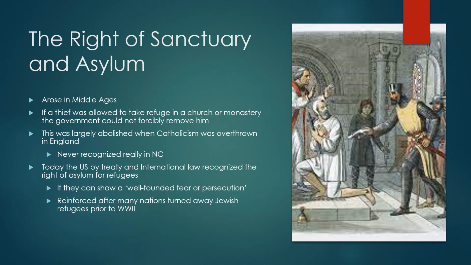And part of this, I think, is a reaction against what happened to the Jews prior to the Second World War. Prior to the Second World War, several attempts were made for Jews to flee Nazi Germany and occupied Europe, and many countries simply turned them away. And then after the war, they found out that these people that were turned away, that were seeking asylum because they were going to be persecuted, were killed.